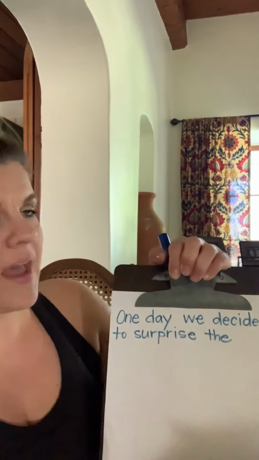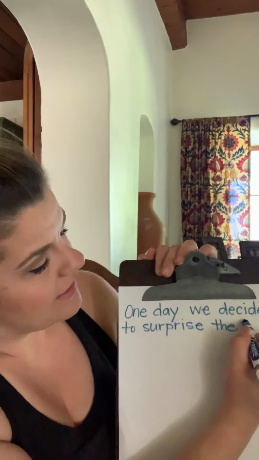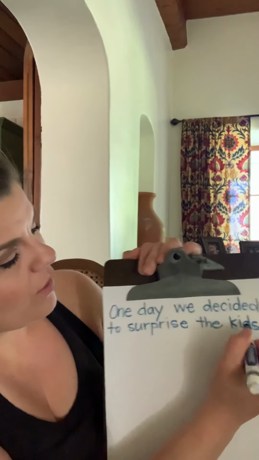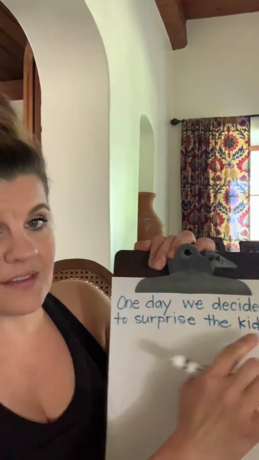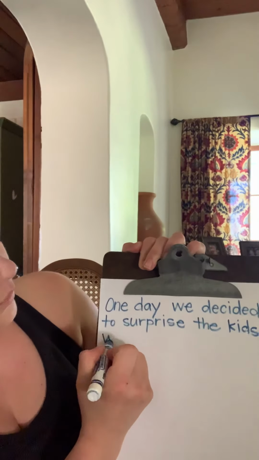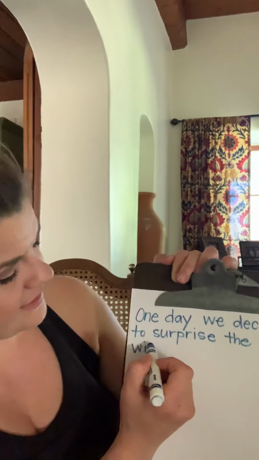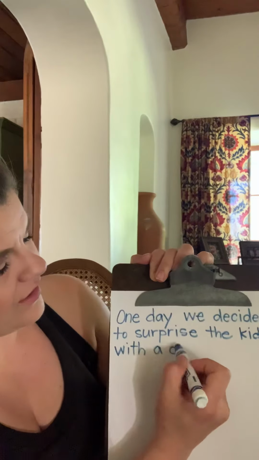T-H-E, surprise the kids. When we come to a word, you could also use your arm to sound it out. K-I-D-S, kids. One day we decided to surprise the kids with, remember the blend, the TH brother, with a dog.